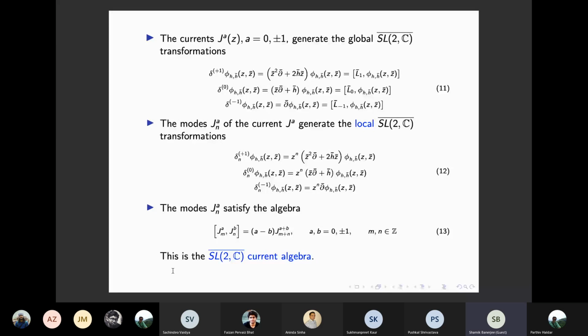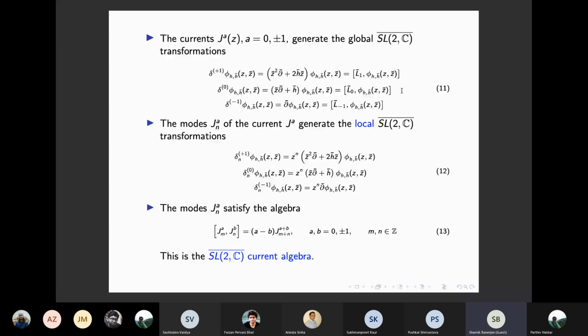Okay, so we call this the SL2C bar Kac-Moody algebra because for n equal to zero, we get these transformations, which are the global SL2C bar transformations.